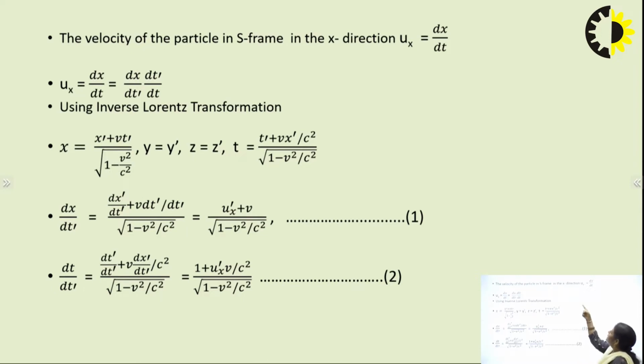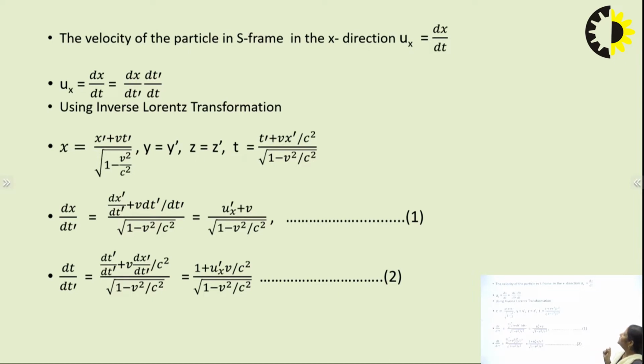So, in the x direction, how do we write down this velocity? Ux, all right, x shows the component in the x direction. We all know that velocity is the differentiation of position with respect to time. So, that is what is done here, dx by dt. Because x is the displacement or position in the x direction, and time is there.